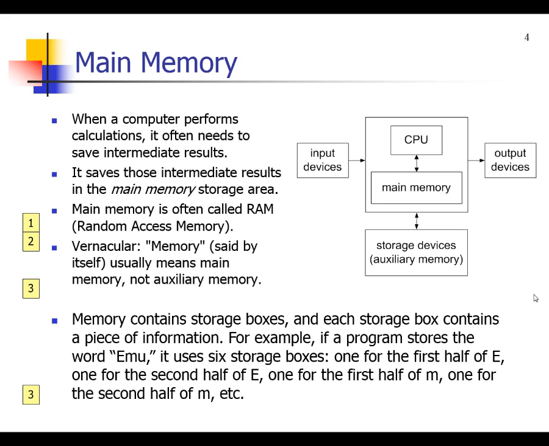We're going to take, for example, the word EMU. Okay, we're going to store it. Now, according to the sheet that I gave you, what is the hexadecimal value of a capital E? 14, right? Is that what it says? Yes. Okay. Well, in binary, what does that mean?